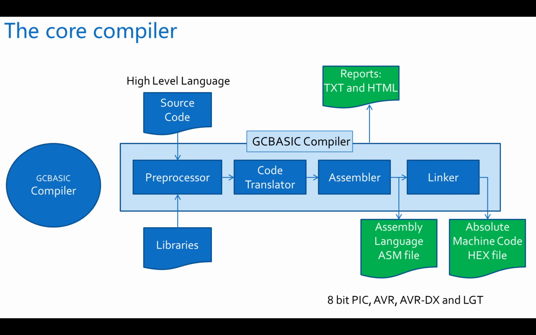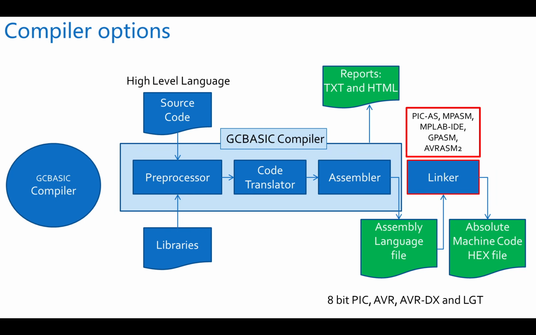We've seen how the core compiler takes your source code and your libraries into a preprocessor, translates that into assembly, links it out and generates a hexadecimal file specific to your chip, a Q35. We've also seen how we can reroute the assembler so the linking is done in other tools.